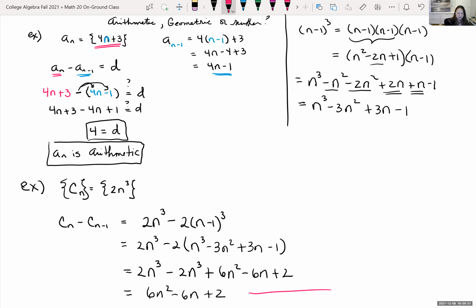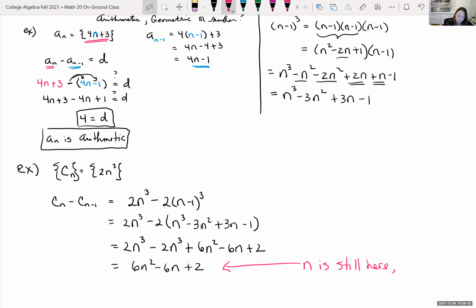This is still in terms of n. N is still here. So this is not arithmetic. If I just got a constant, then it would be arithmetic.